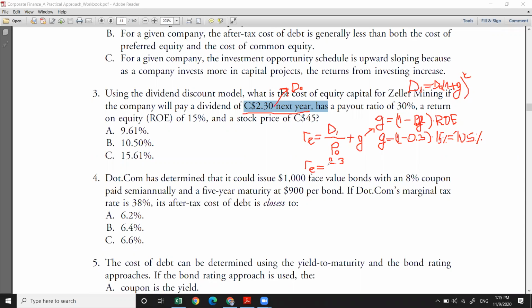So you just substitute here 2.30 divided by 45 plus 10.5%. And this will give us, if you calculate, 15.61.